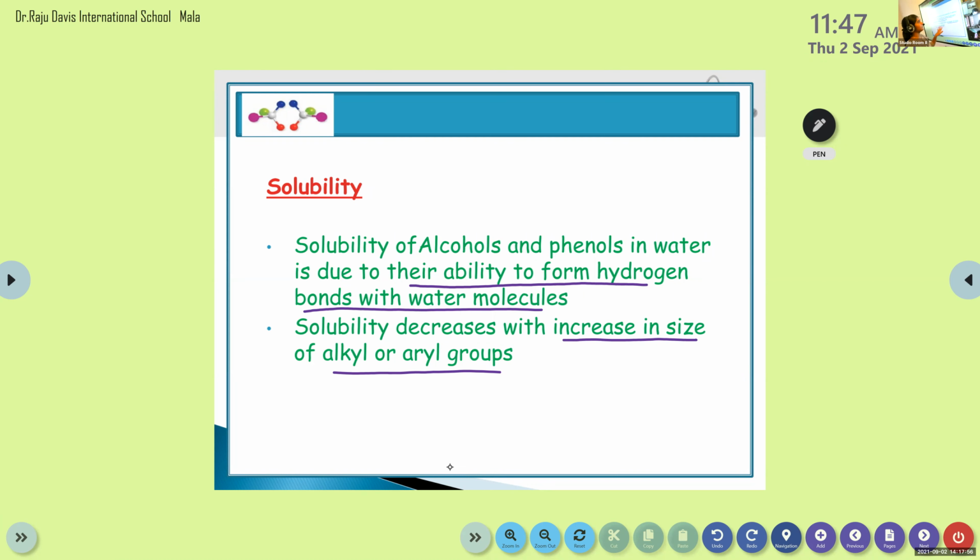Here it is completely miscible. So the bonding is like this: ROH, then water, and there will be an intermolecular hydrogen bond between the oxygen and the hydrogen.